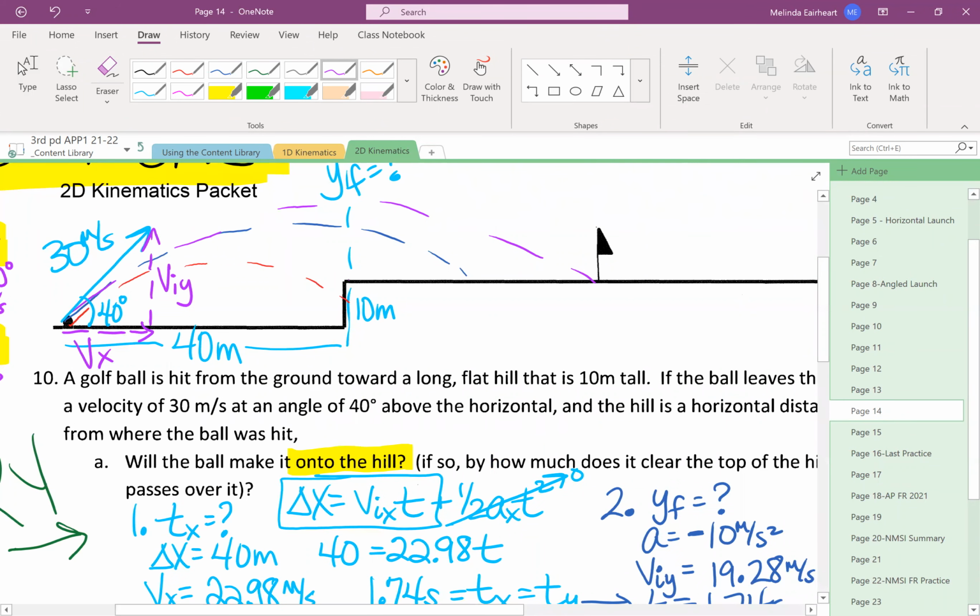They want this distance, right? How far from the edge of the hill is the hole? Well, we know that the full distance in the horizontal direction is what we call range, right? Now it's not symmetrical, but we need to find the full range of the golf ball. And they gave us what I'm going to call D1, 40 meters. How can we find D2?